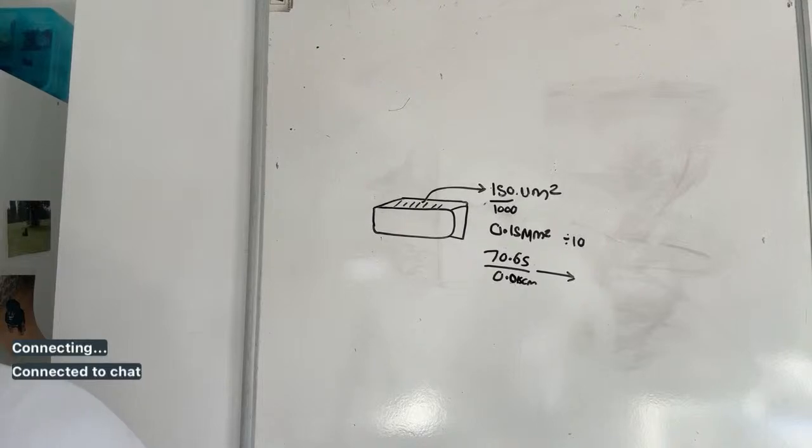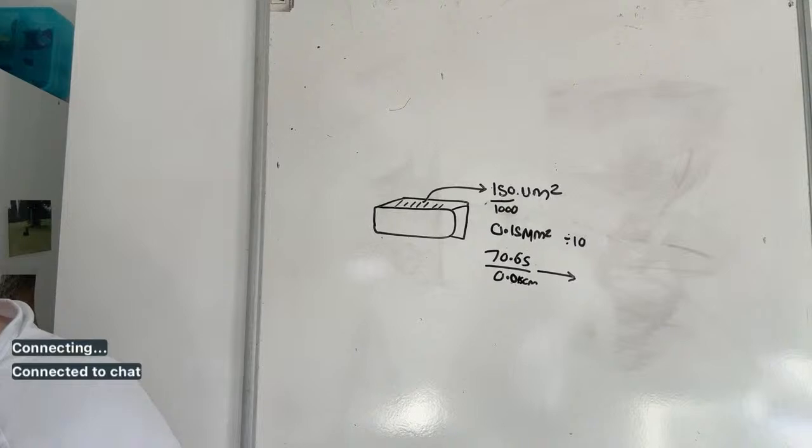Did I do it? How did I do it wrong? I'm so confused. The shaded area of the cell is 150 micrometers squared. You times it by 10,000. Why would you times it by 100 million?